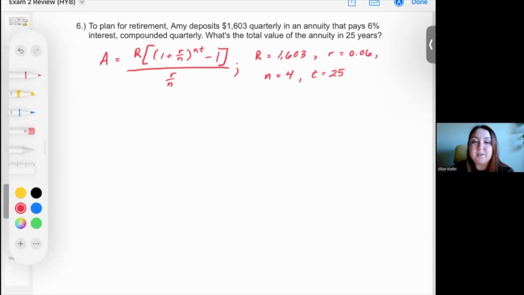So we have all the values that we need, so we can go ahead and plug this into our formula. So we have A, the amount in our annuity after 25 years.